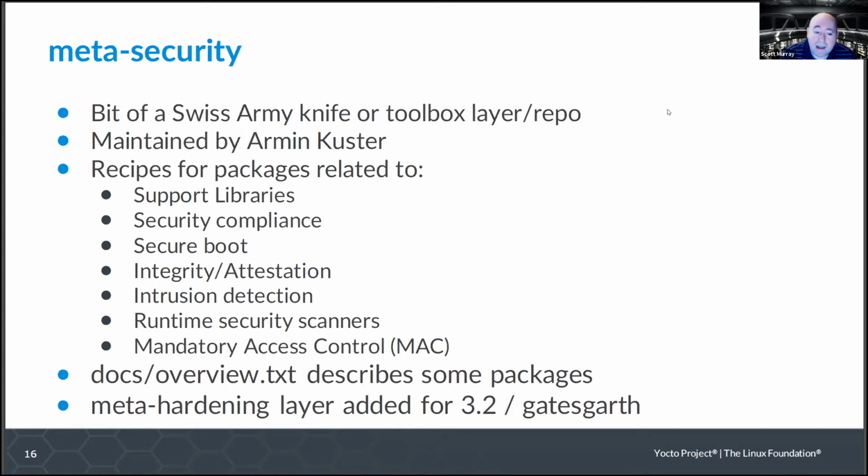I'll run through that. There's some documentation about what the packages provide in the docs file that I list there. And a new thing since I presented back in July is Armin's added a meta-hardening layer inside meta-security. I'll give a little description of that as we go along.